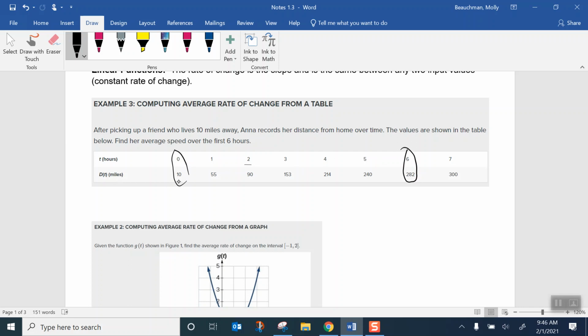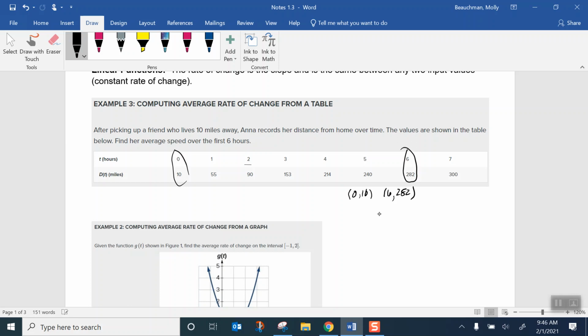She's traveled a total of 282. So since this is hours, this is miles, to find the average rate of change, think of this as a function having 2 points. We have the point 0, 10, and the coordinate 6, 282.